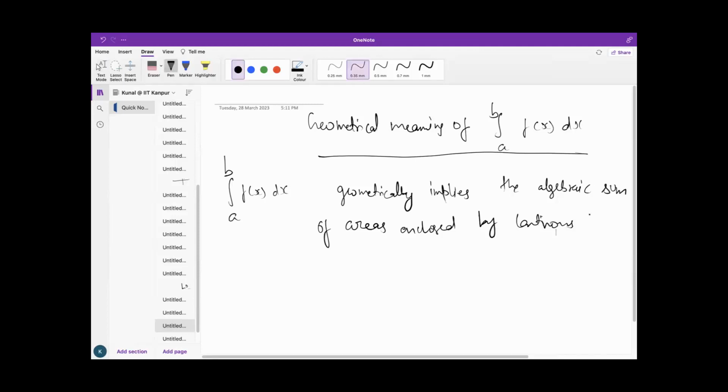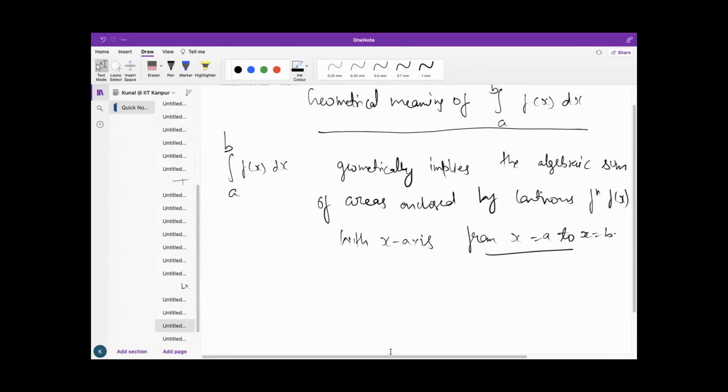The continuous function f(x) with the x-axis from x equal to a to x equal to b. So it basically represents area. It represents the algebraic sum of area enclosed by the continuous function. So let me show you by a figure, right?